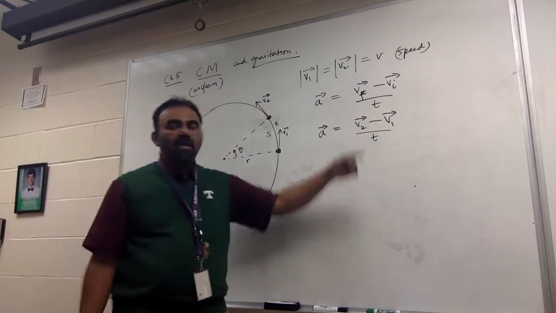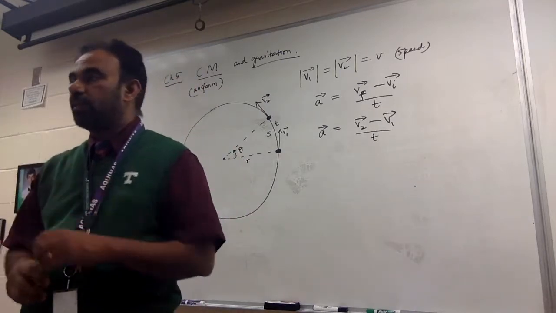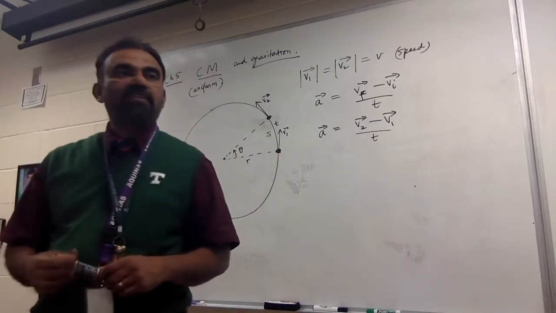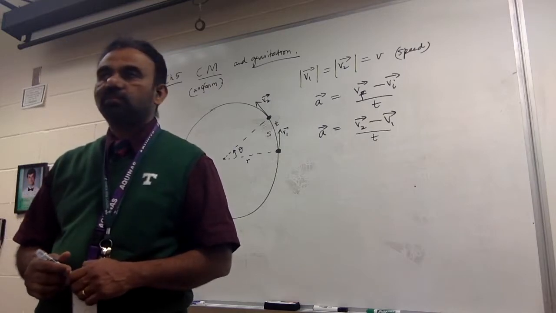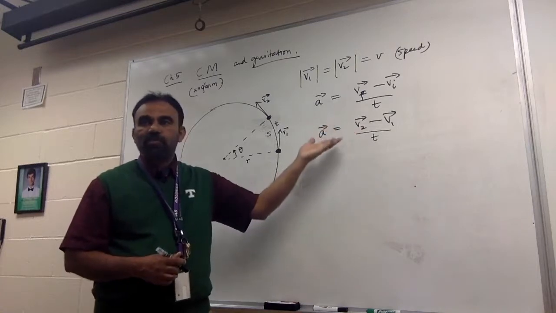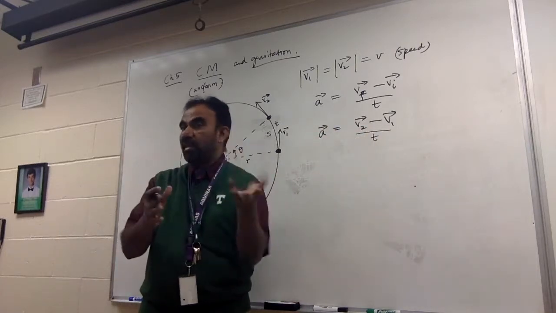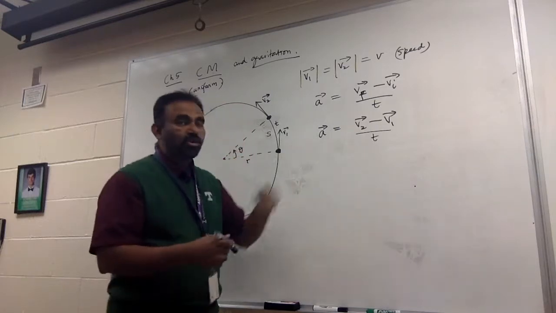So how do you do v2 minus v1 vectorially? How do you subtract vectors? Add the negative of v1 to v2, right? Isn't v2 minus v1 the same as v2 plus negative of v1?